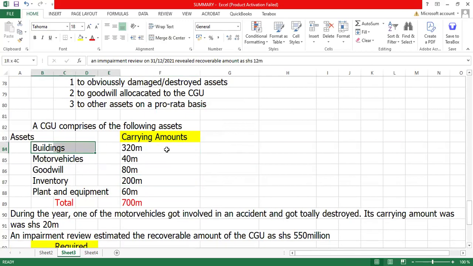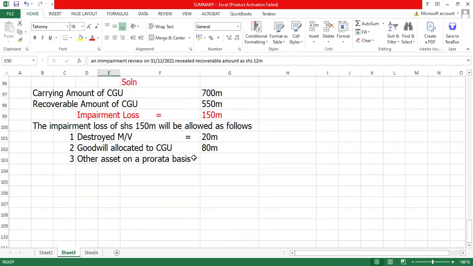He will even include those assets that are not covered by IAS 36, and you make a mistake. So the assets that are not covered by IAS 36 must be excluded as you allocate.